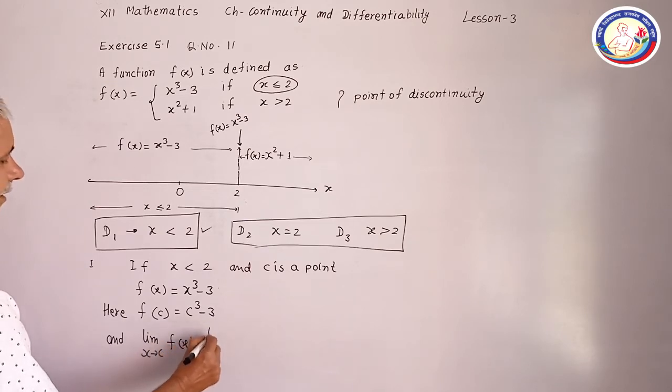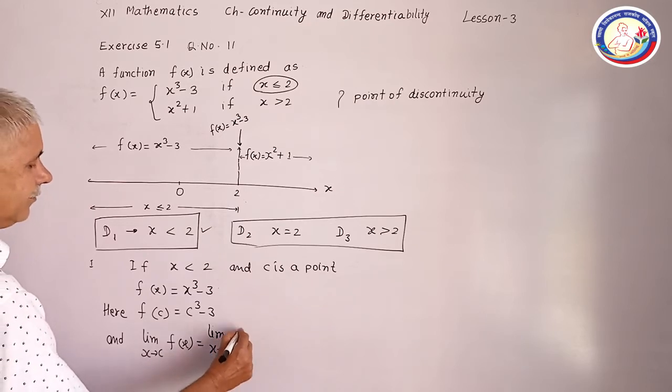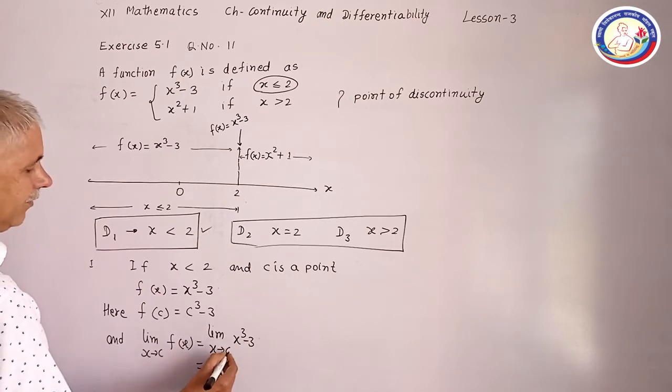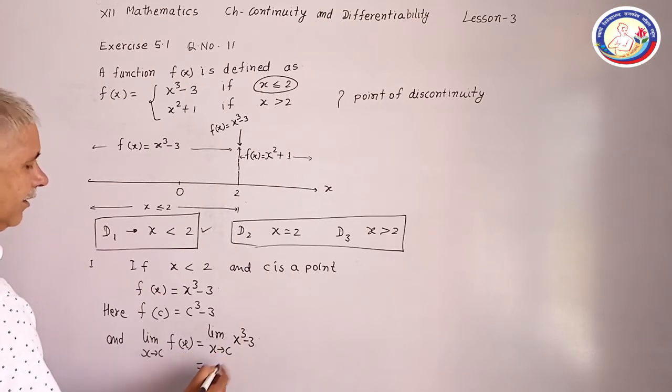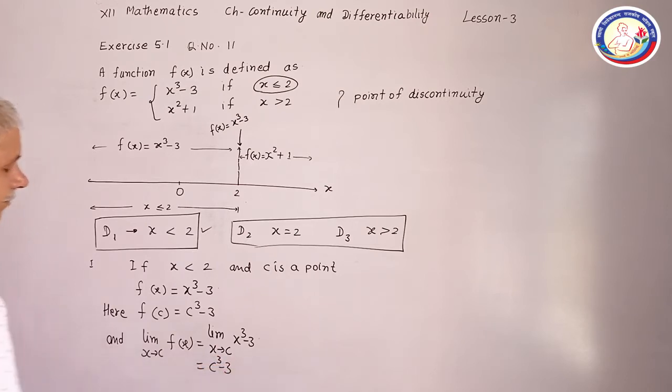will be given by limit x tending to c of x cube minus 3. If we find the limit, it will be c cube minus 3.